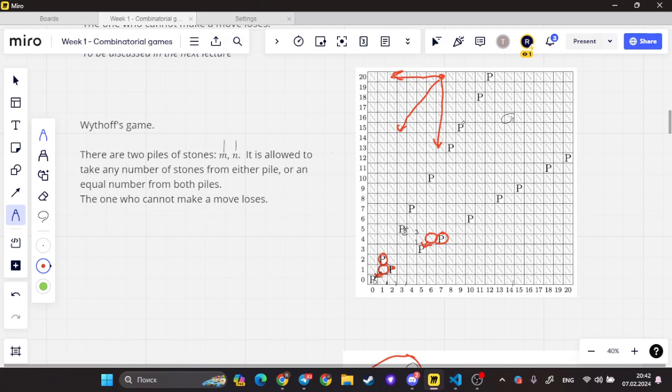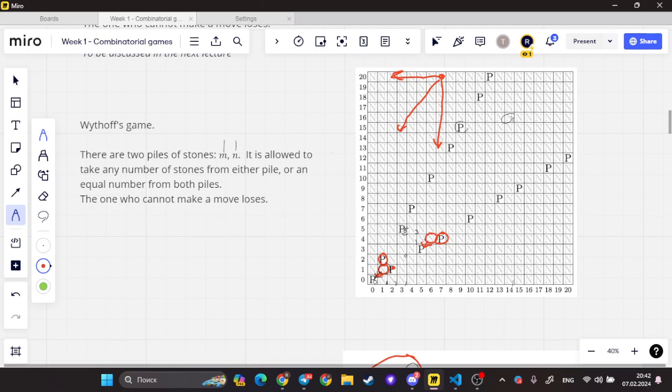If the initial state is like in P, the first player wants to extend the time of the game, and he will move to the maximum n. And here is the maximum n. For example, here.